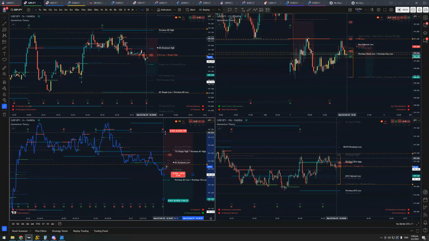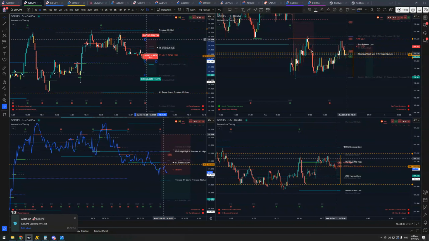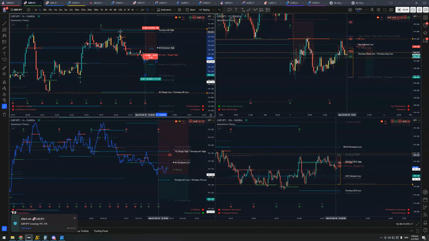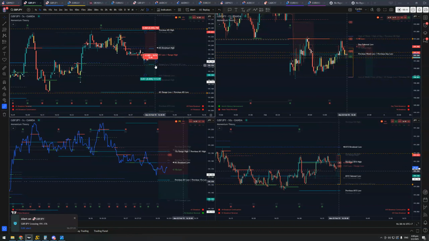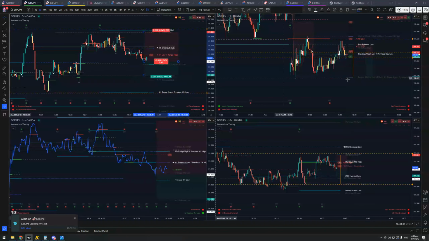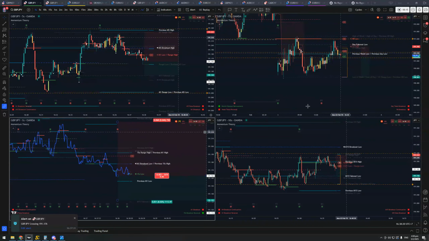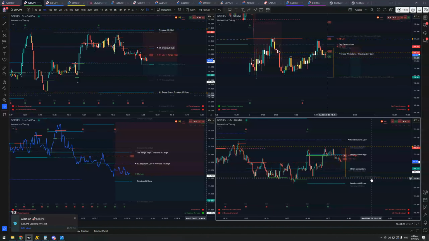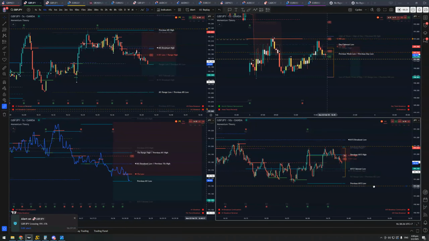Stops at my high of the M5 right here. So these are M5, so I'm getting a tighter entry here. And then next will be below the M5, M15 low.